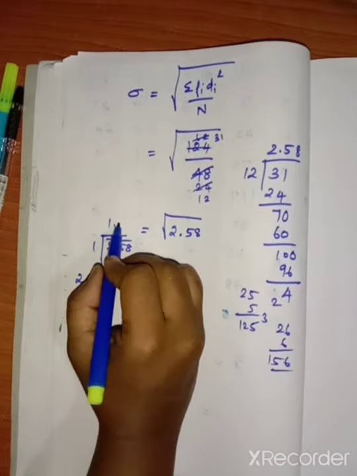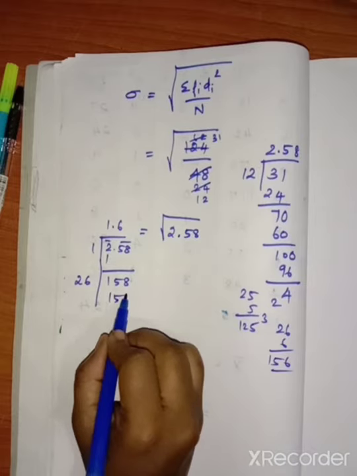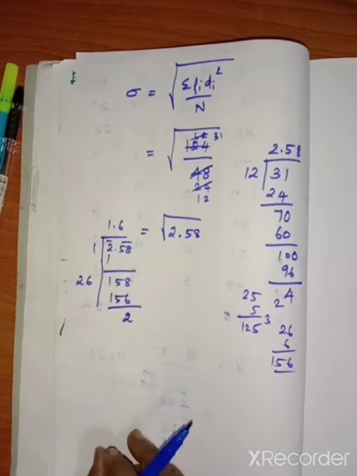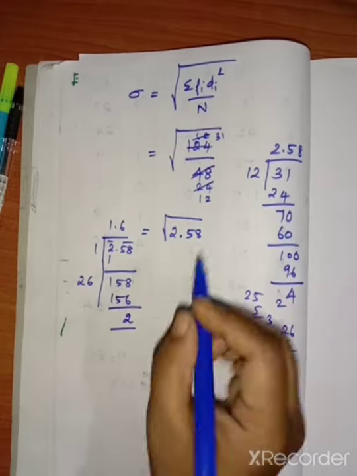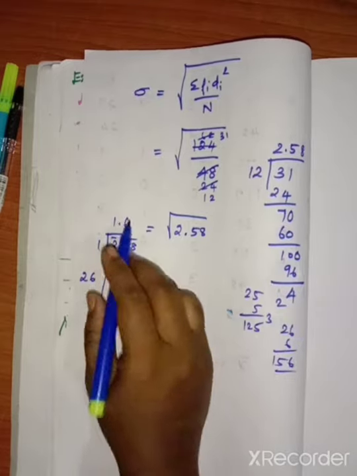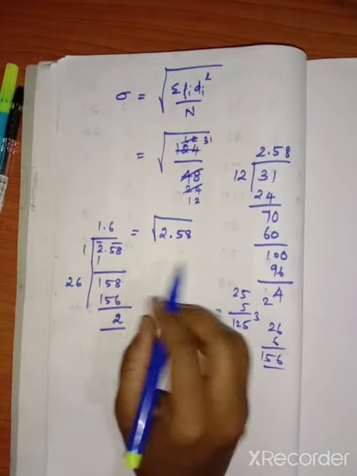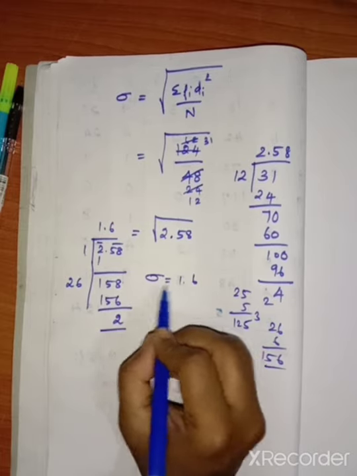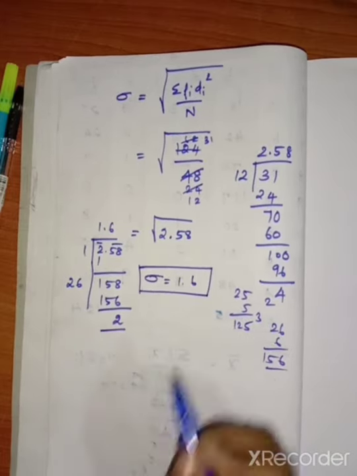So 6 is enough. Again if you want, you can do the next one. It is enough because after the decimal 1 or 2 places is enough. Otherwise you simply stop here itself. So sigma equals 1.6.